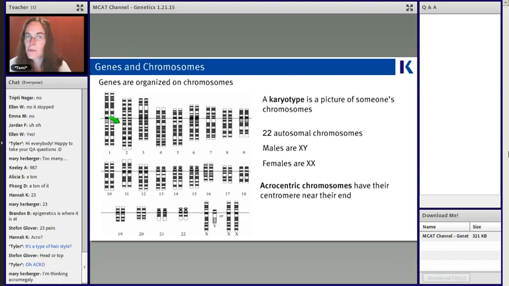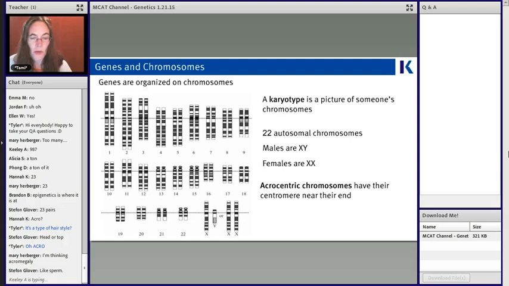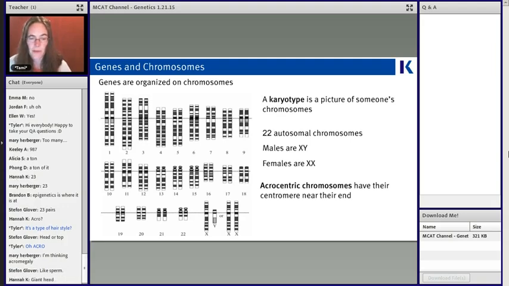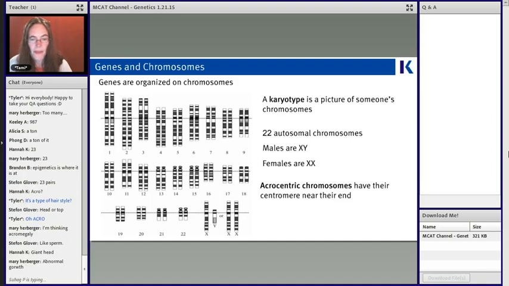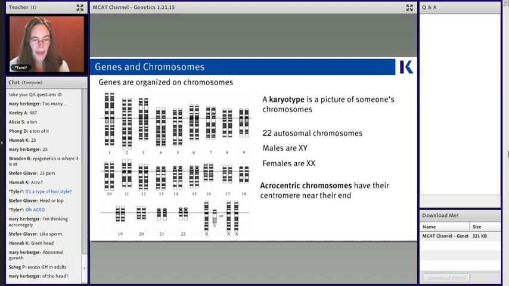And Tyler's like, it's really close to a hairstyle. Okay, Mary, what is acromegaly? You're thinking the right thing. What is acromegaly? Okay, so abnormal growth has to do with the size of the head.